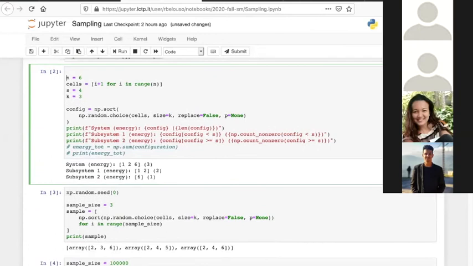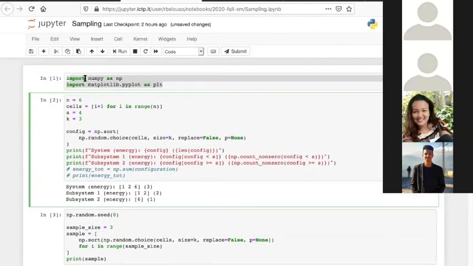I executed this code already to import. Now N is capital N in the section, the number of impurities here. Then I number all cells.